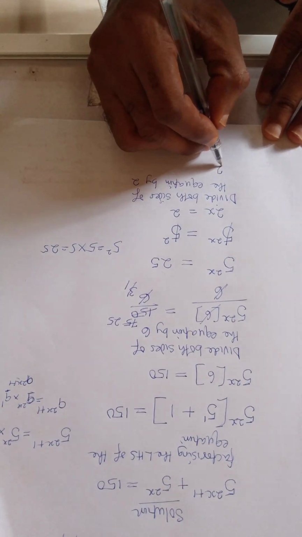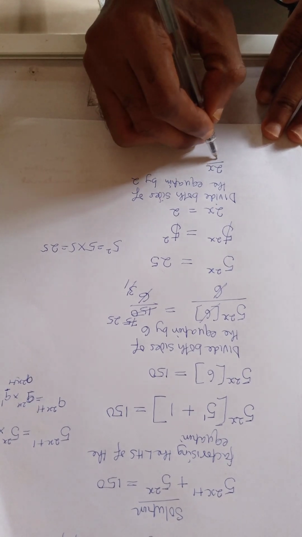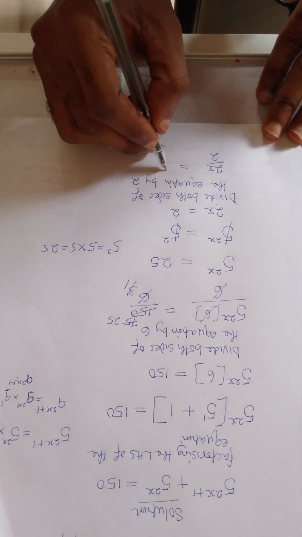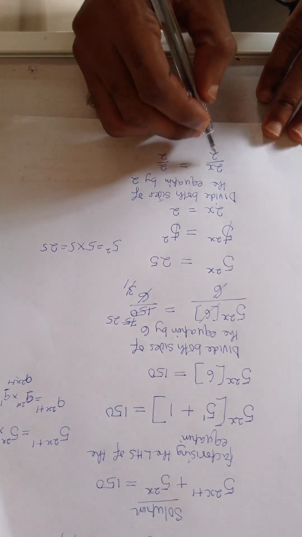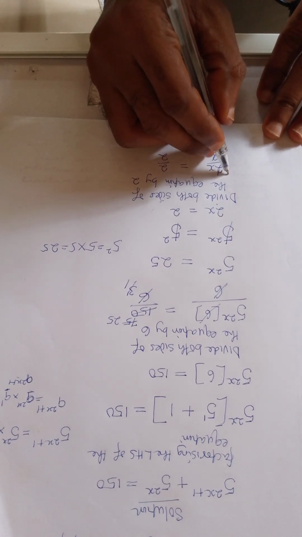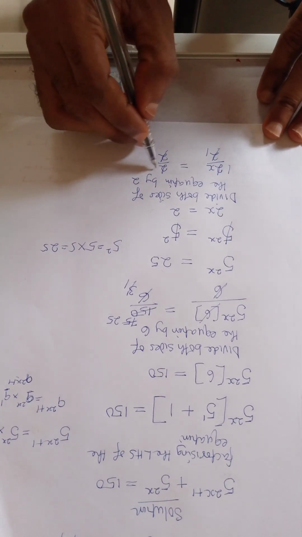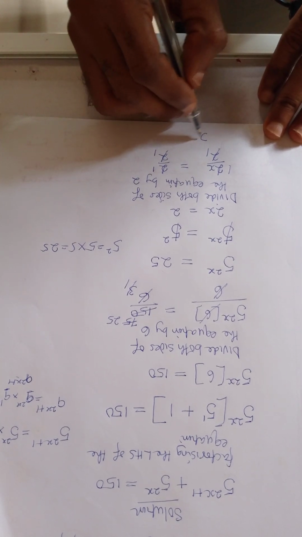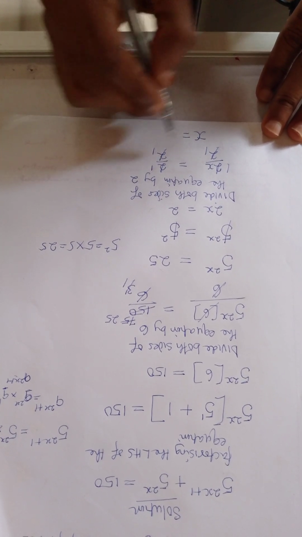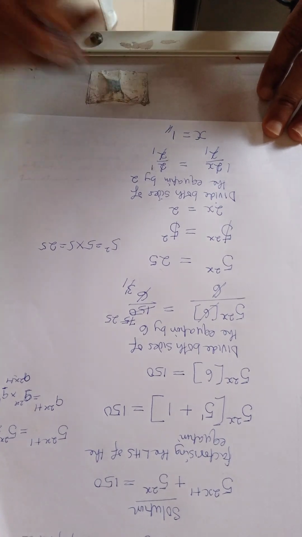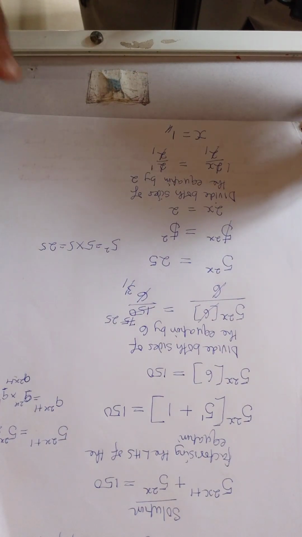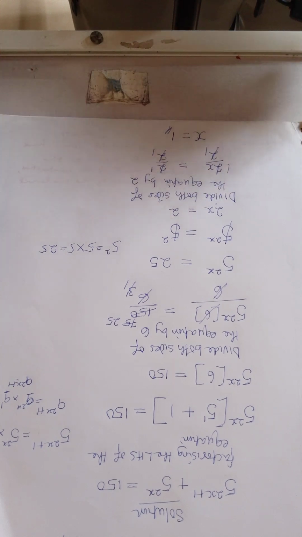So when we do that, we have 2x divided by 2 equal to 2 over 2. 2 here 1, 2 here 1. So we have x equal to 1 divided by 1 is 1. So viewers, our answer is x equal to 1.